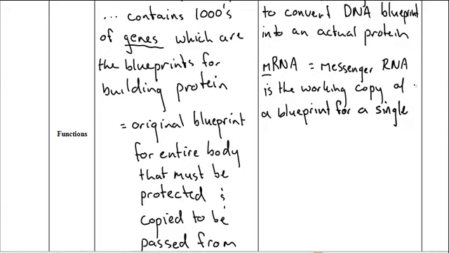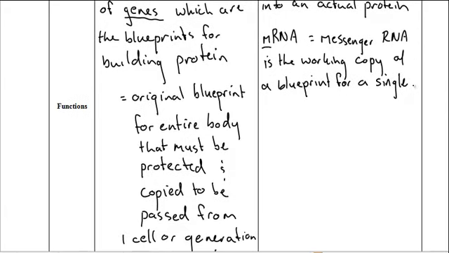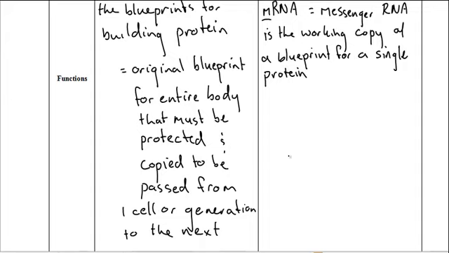So we don't copy the entire DNA for every possible protein. When we only want to build one protein, we only copy the DNA for that little protein. And we'll talk more about that when we talk about transcription.